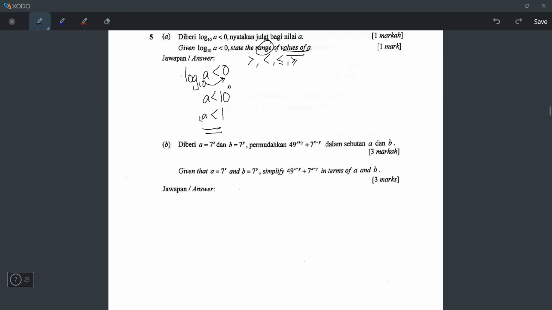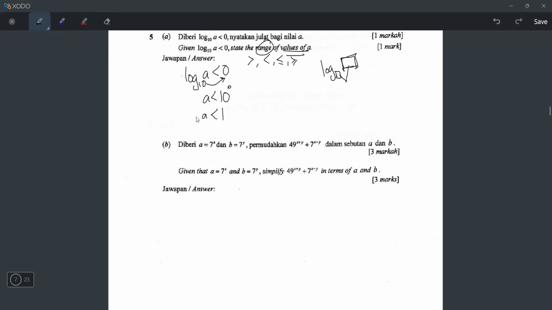then it's wrong. Because you need to know something, we all know that for log, the base and the number here, these two numbers cannot be negative, okay? Because if one of these is negative, the whole thing will become math error. So actually this one cannot be negative.